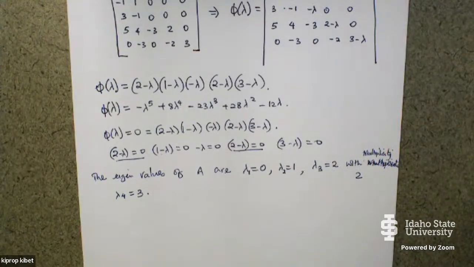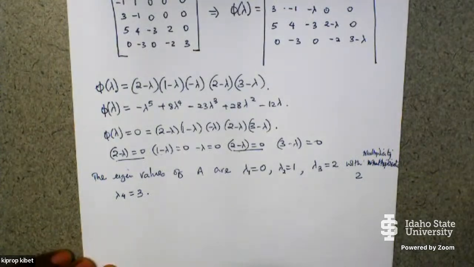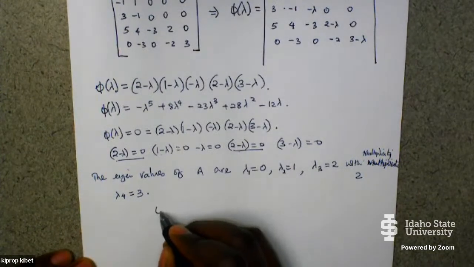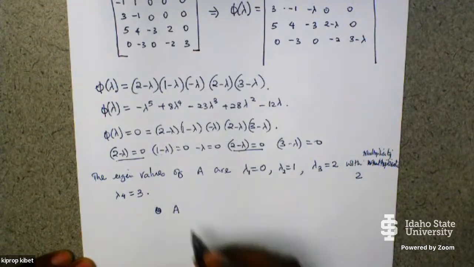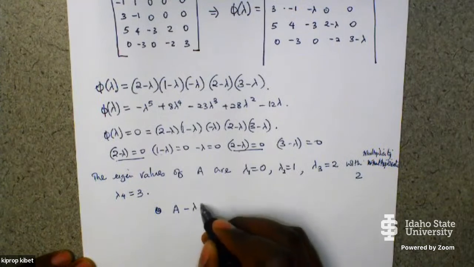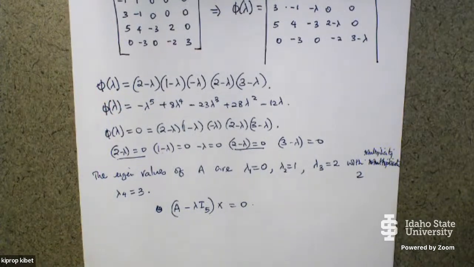Student: How did you know to subtract lambda across? It's not plus. How did you know that you subtract lambda across all? So using the formula that we did, if you want to get the characteristic polynomial, then the characteristic polynomial is found by getting the determinant of A minus lambda I. In this case, these are 5. And then what? X equals 0, right?